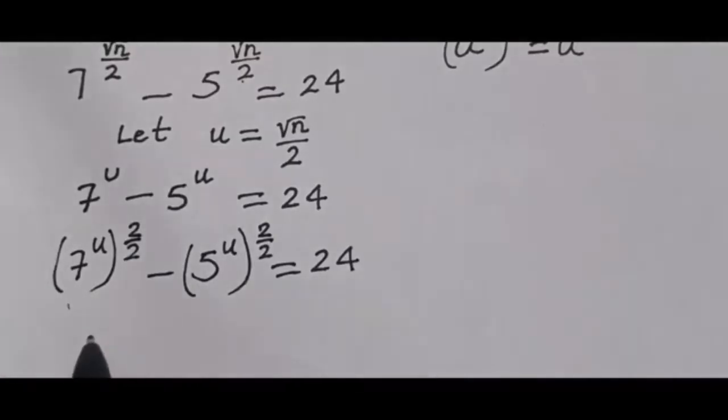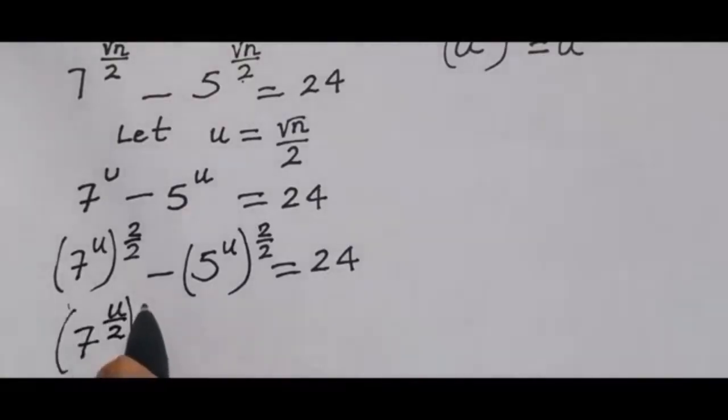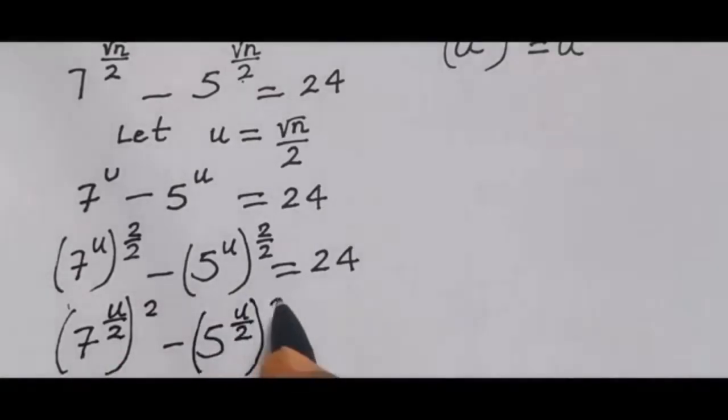So in our case here, we now have 7 raised to u over 2 in the bracket raised to 2, minus 5 raised to u over 2 in the bracket, 2 is outside, equals 24.